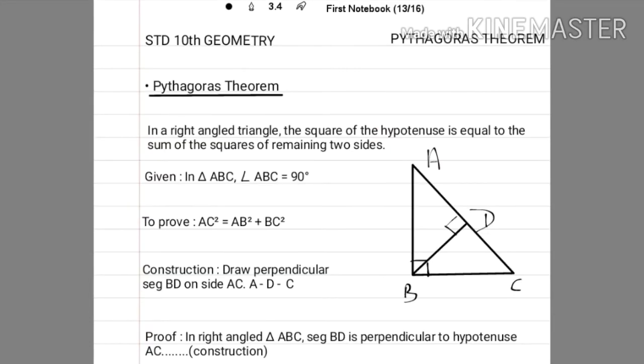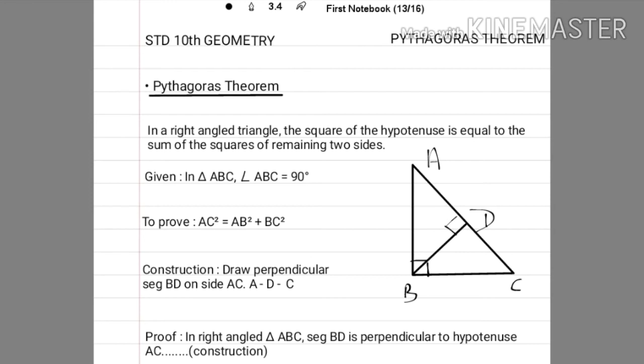Now the first topic is Pythagoras theorem. And we all know what a Pythagoras theorem is, right? The only thing we are going to do here is to prove that theorem. Now the statement of the theorem is, in a right angle triangle, the square of the hypotenuse is equal to the sum of the squares of the remaining two sides. This is what we are going to prove. For that, the given statement is, in triangle ABC, angle ABC is equal to 90 degree.